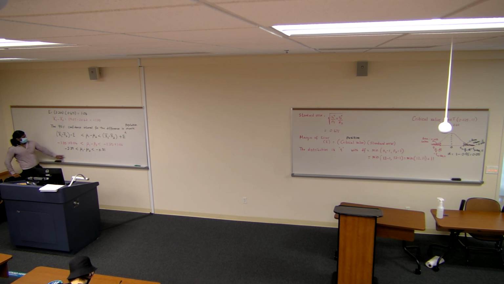What does it say at the bottom? Negative 2.39 less than mu1 minus mu2, which is less than negative 0.3.